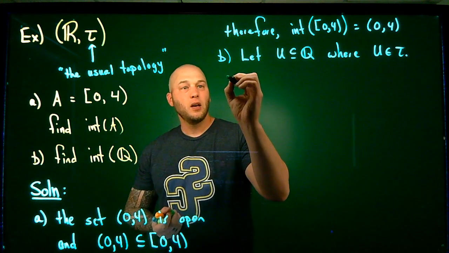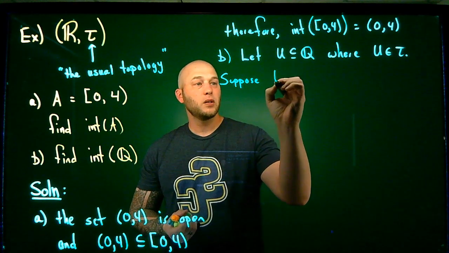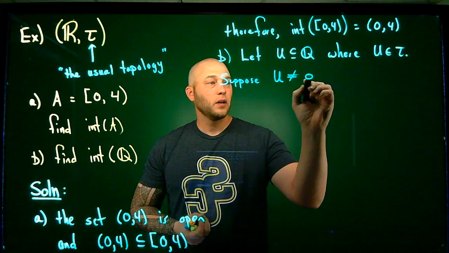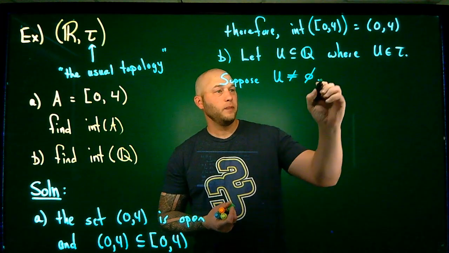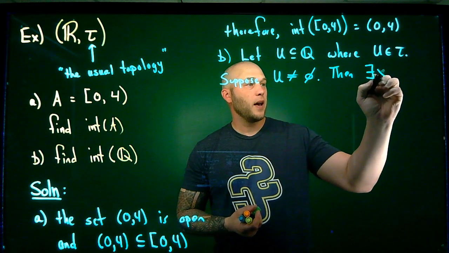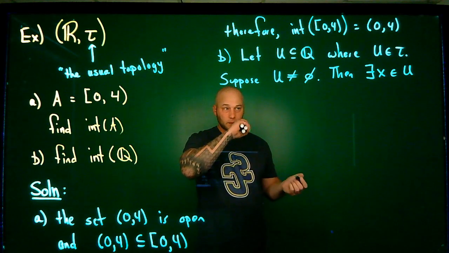So suppose that this set U that I'm constructing is non-empty. Well, then there exists an x in U. If it's not empty, then it must contain something.